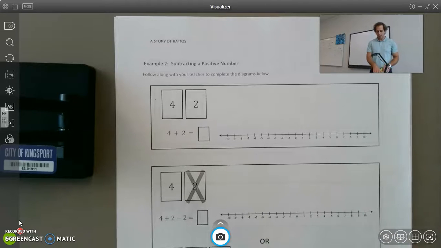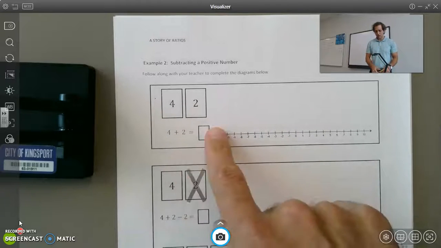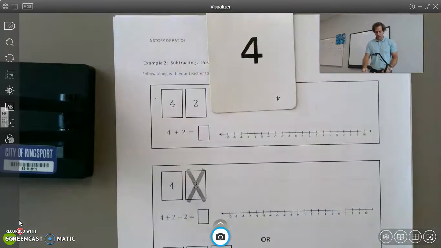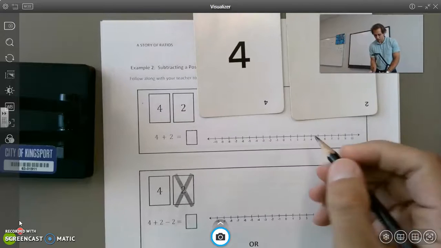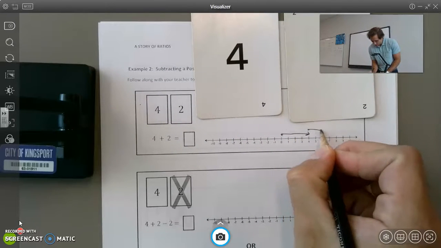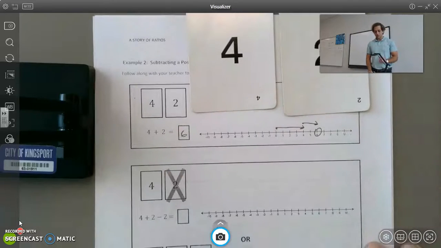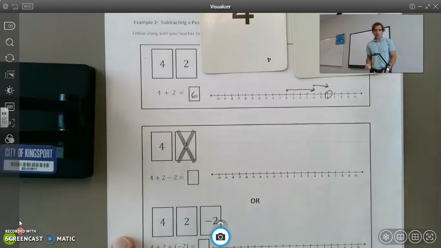So if I had the cards 4 and 2, what would be the value of my hand? Example 2. Okay, so here's 4 and 2, and I could go ahead and do that on the number line. The value of my hand is 6. Now, what if I subtract, meaning to take away, 2?